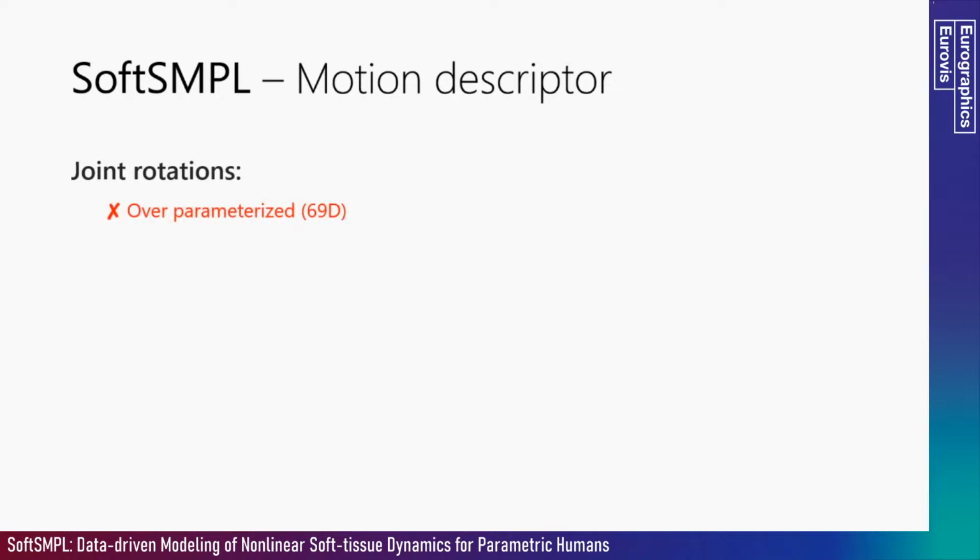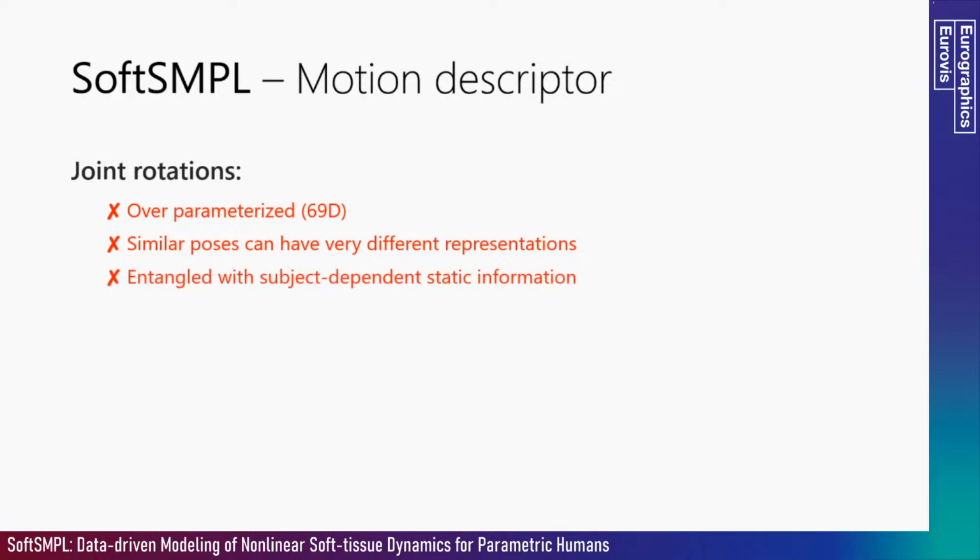Most importantly, these redundancies make it possible to achieve similar poses by rotating different joints. That means that similar poses can be represented by completely different vectors of joint rotations, which is not ideal for machine learning purposes. Finally, poses obtained from the real world are entangled with subject-dependent information that we would like to remove.